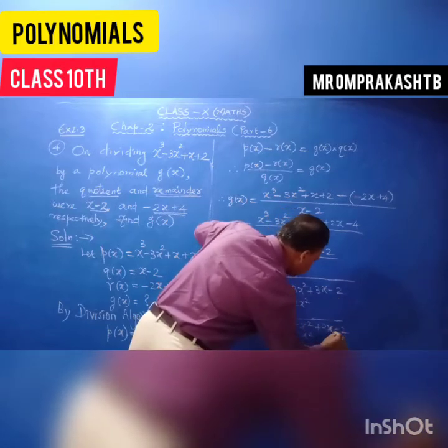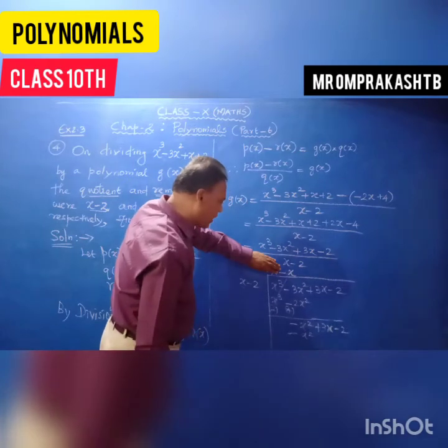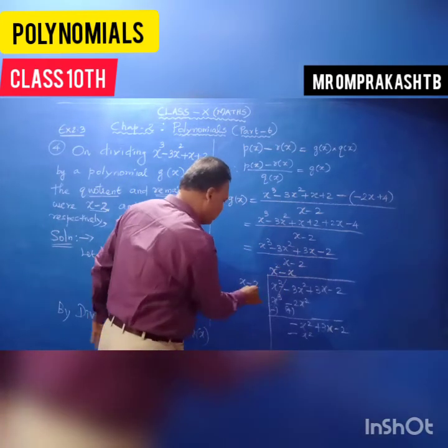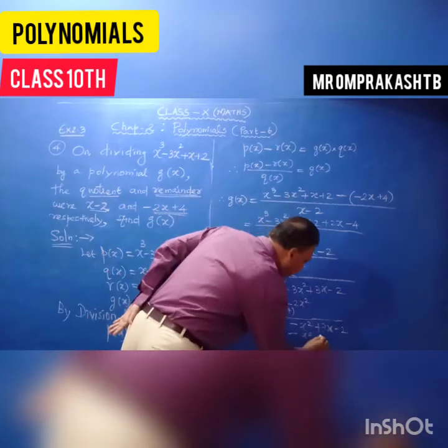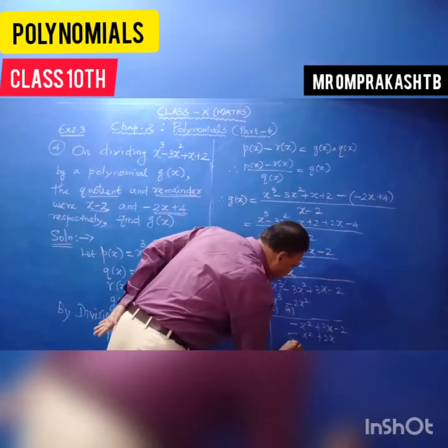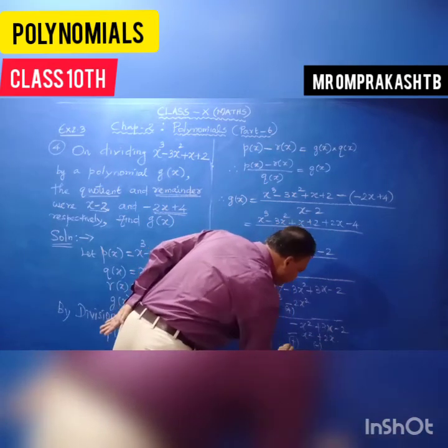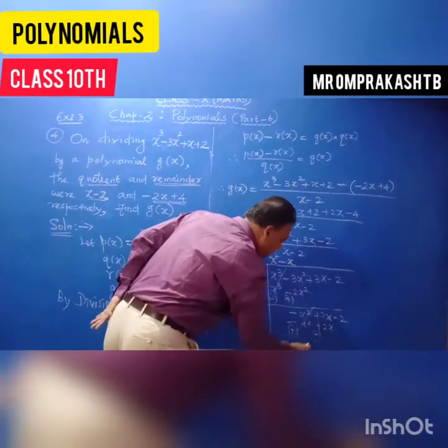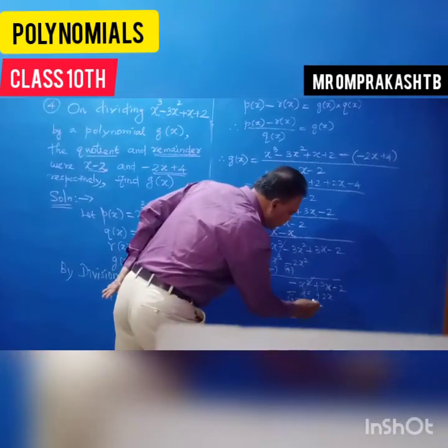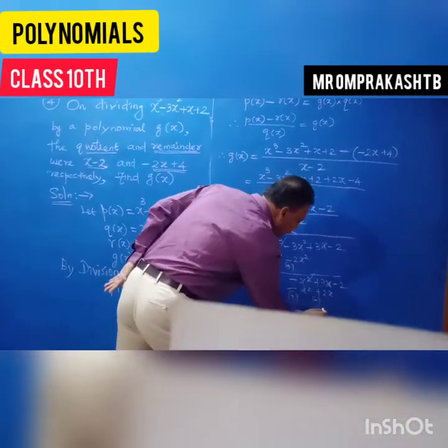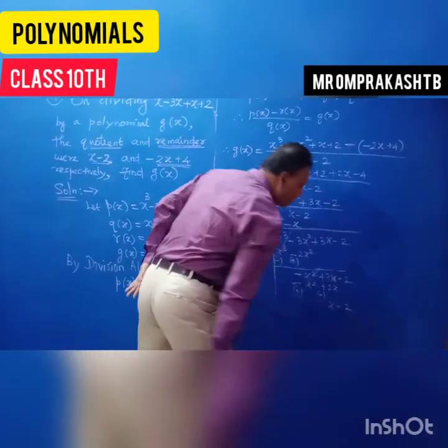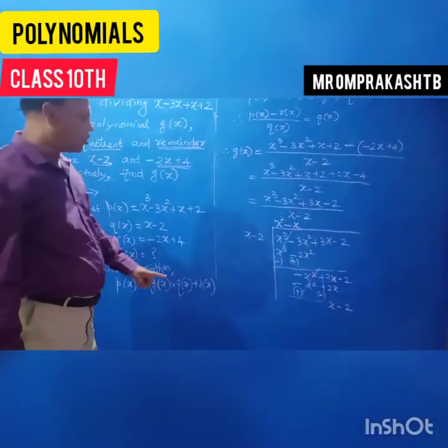Now minus x squared plus 2x. Change the sign and cut it. Here 3x minus 2x is x. So x minus 2.